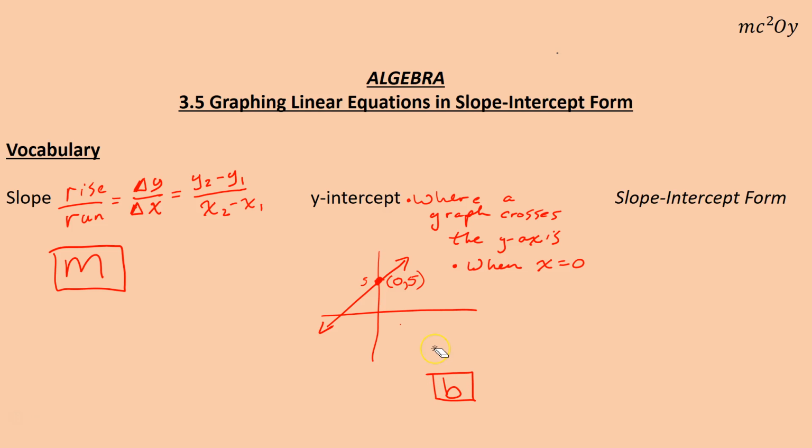So if we're dealing with slope-intercept form, slope-intercept form is y equals mx plus b.